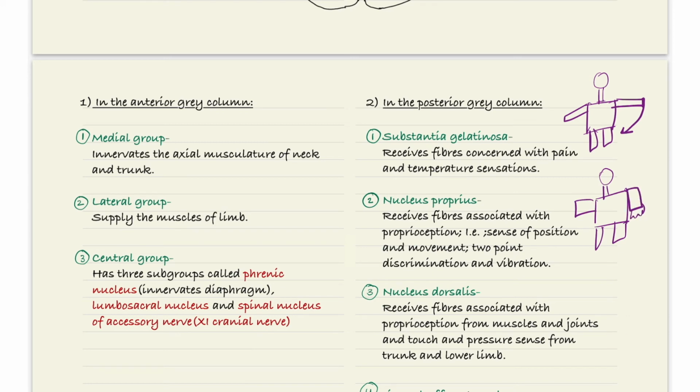Here is your hand. So when you close your eyes, you do not see where I am moving your hand, but still you know the final position of your hand. That sense is known as sense of proprioception, and you also know in which direction I have moved your hand when your eyes are closed. So how can you sense that? That is due to proprioception. So that is done by the nucleus proprius.